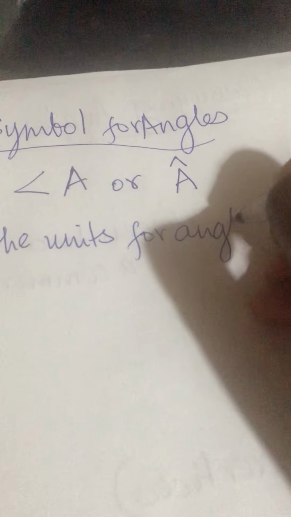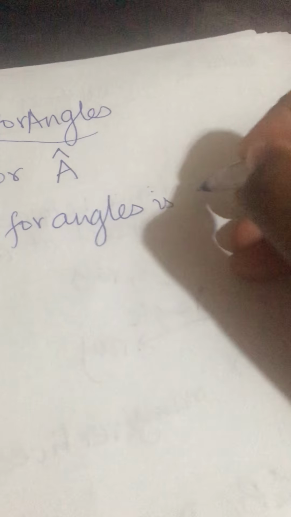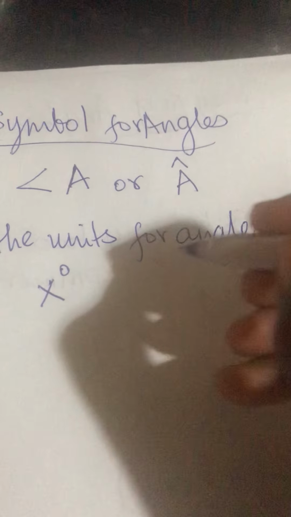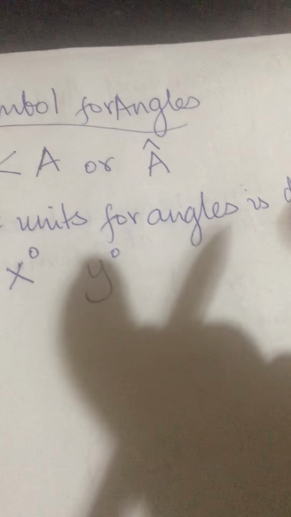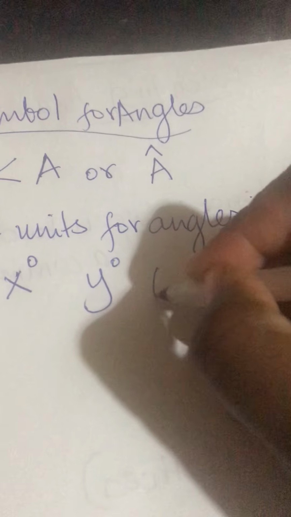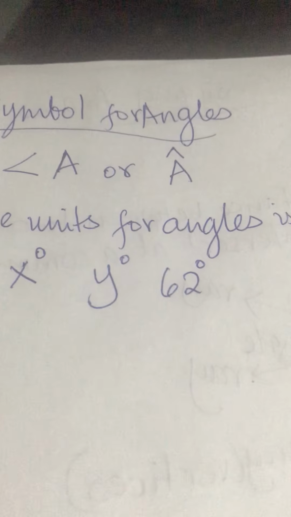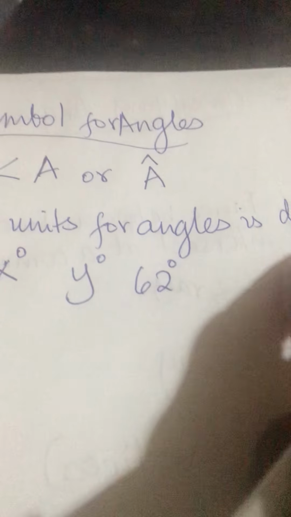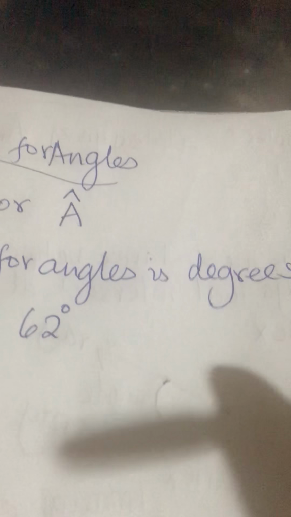The units for angles is degrees. That means a number or a letter with a degree sign. Y degrees, like that. So I know I'm talking about angle, 62 degrees, like that. When I see the degree sign, then I know I'm talking about angles.